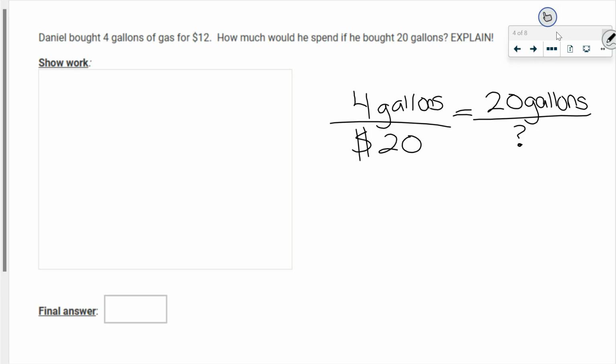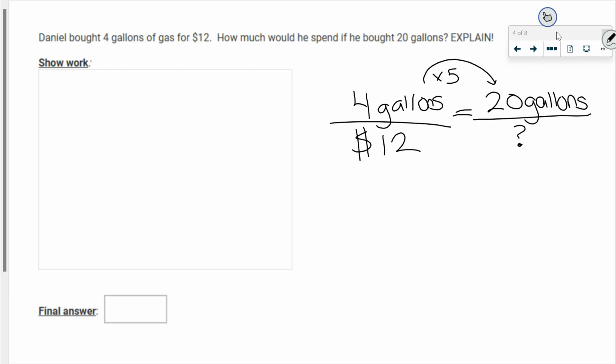All right, let's see, can I go directly from 4 gallons to 20 gallons? Yes, I can. You can multiply by 5. If I multiply the gallons by 5, we also need to multiply, oh, sorry, it's not $20, it's $12. Okay.